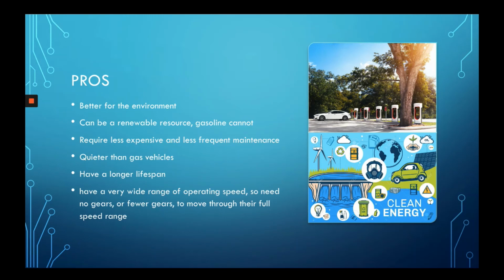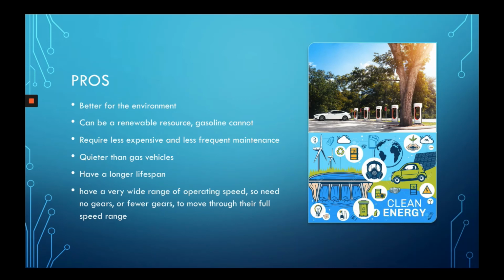Another pro is that they require less expensive and less frequent maintenance than gas motors do, which saves money because gas engines have to have frequent oil changes, and with an electric motor that's not needed. Another pro is that they are quieter as opposed to gas motor vehicles.